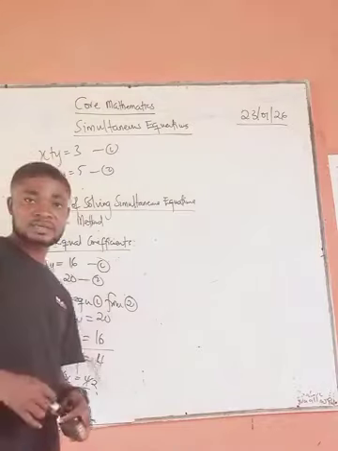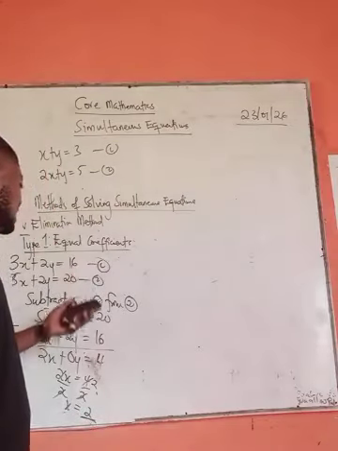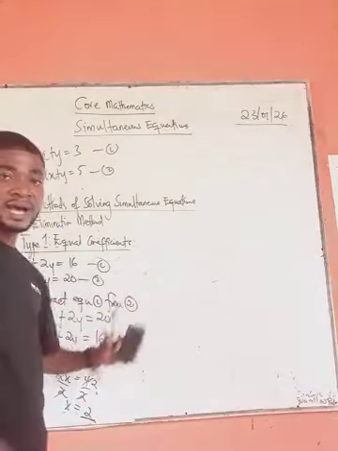Now after getting x is equal to 2, I have to put the value of x into one of the equations so that I get the value of y as well.